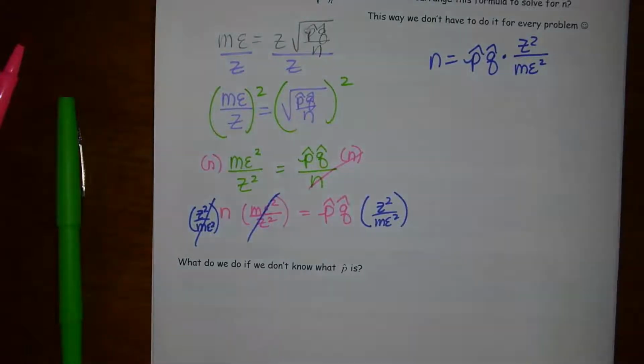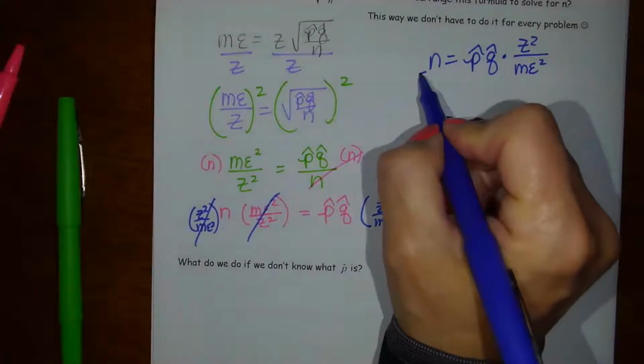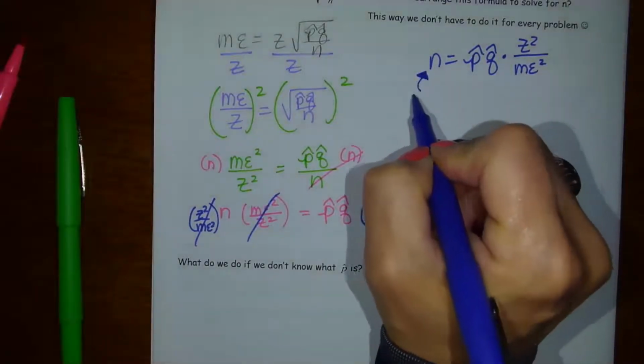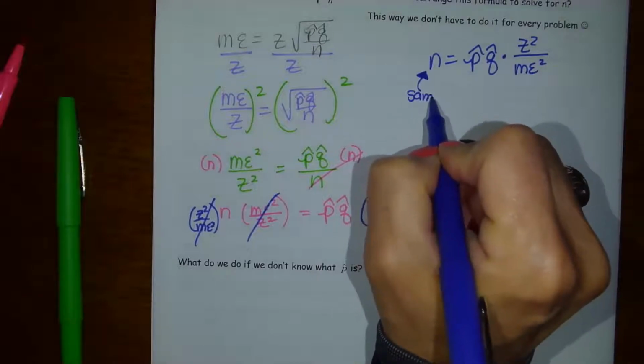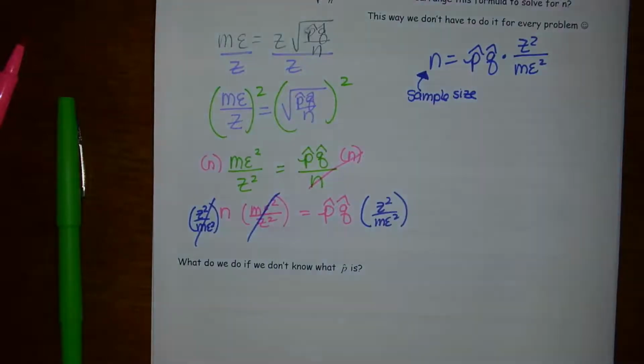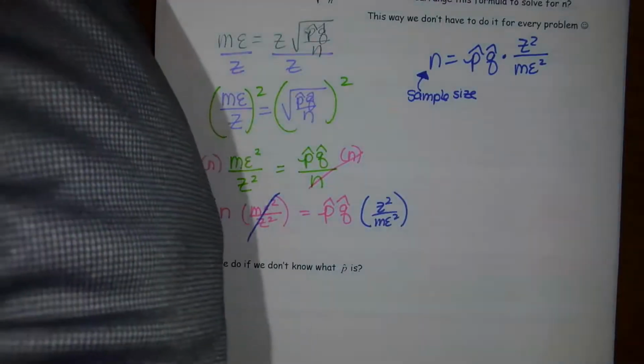I, of course, don't want to do this every day, so let's add it to your brain. So go write that on your brain. And what does n stand for? Yeah, sample size, right? So go add that to your paper brain.